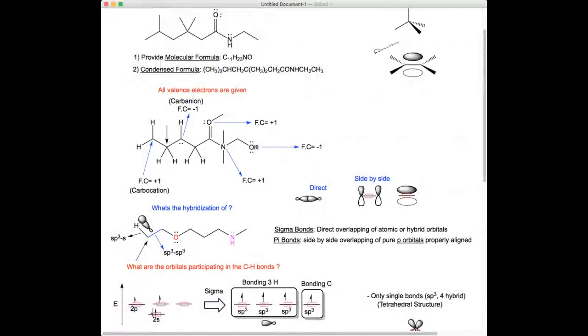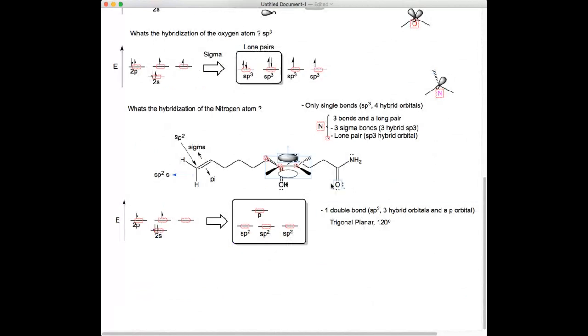I'll show you over here. So both carbons are sp2. 120 degrees in between these two, 120 degrees in between these two, 120 degrees in between these two.